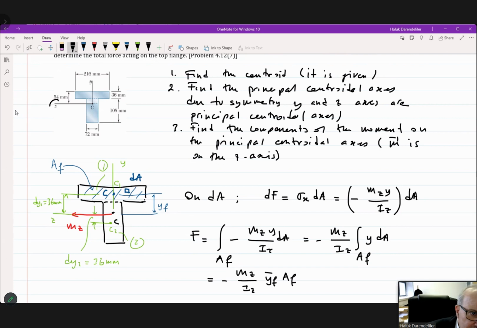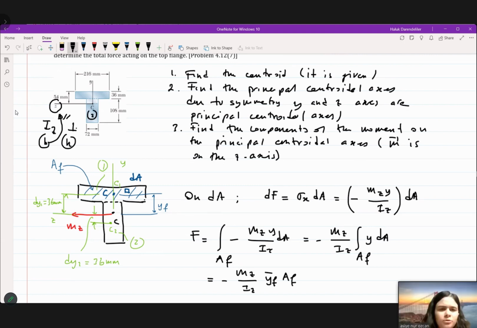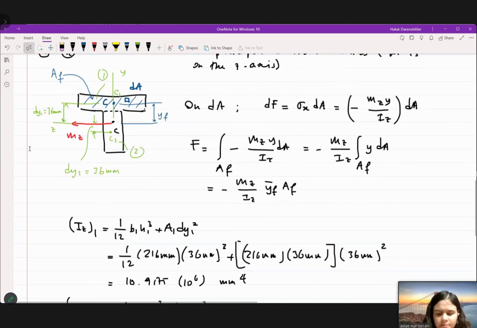If this is the z-axis and we are writing Iz, b is the distance parallel to the z-axis. h is the distance perpendicular to the z-axis. One is parallel, the other perpendicular. In that sense, since this is the second area, what is b? 72. Yes, it is 72.